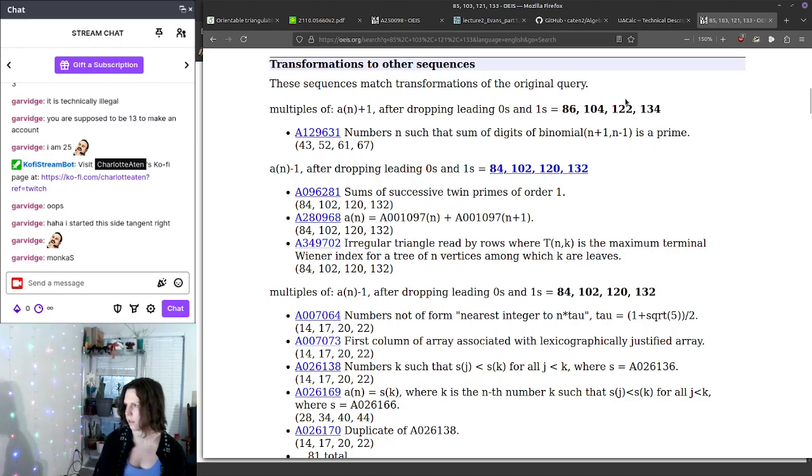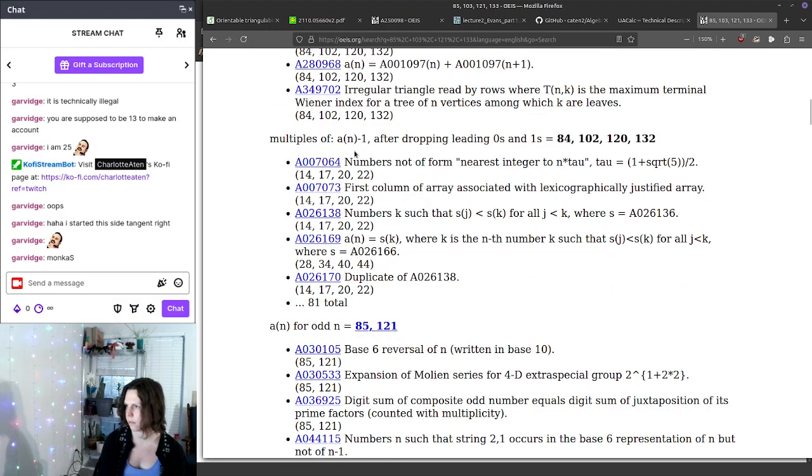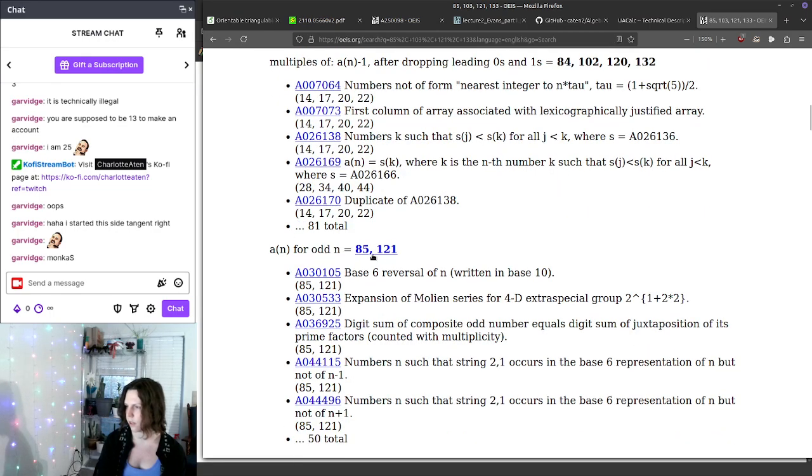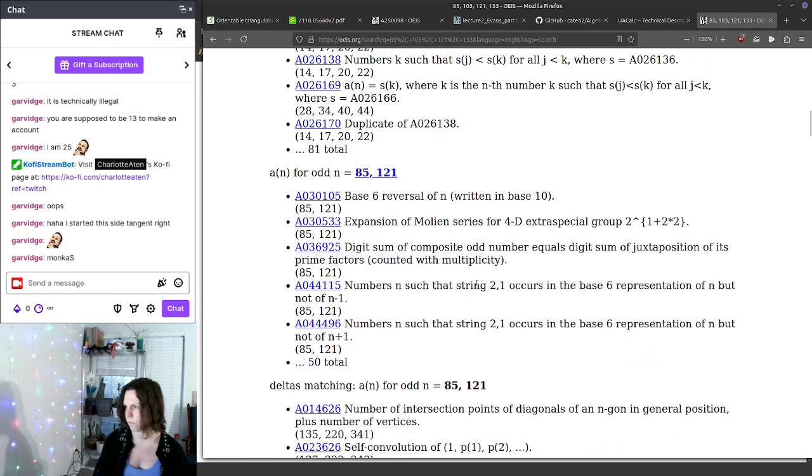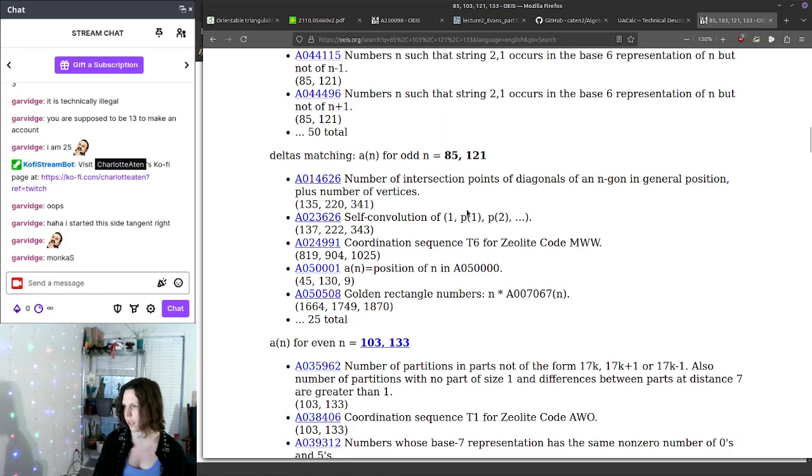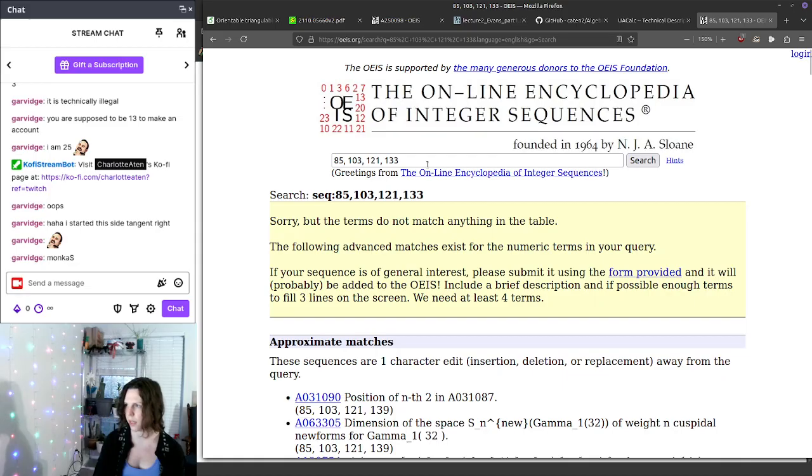Okay. Let's see. I mean, it's unlikely that any of these are matches. If I add more terms, I might be able to get something slightly more interesting. Let's see if that helps.